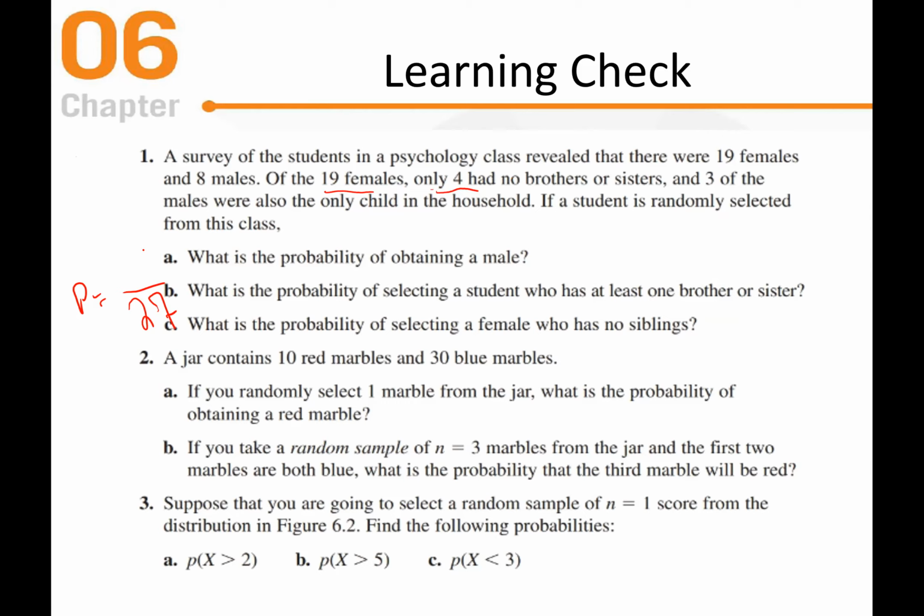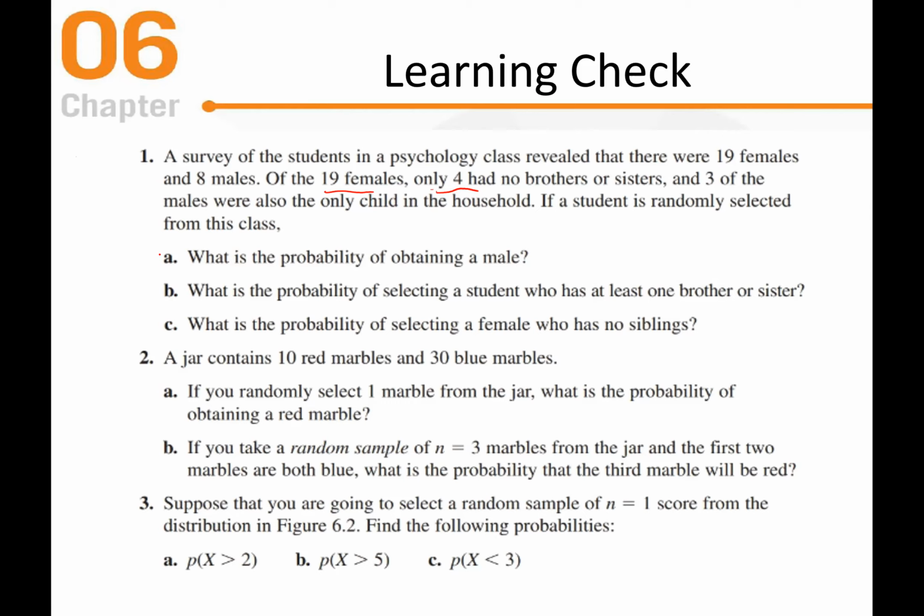So that would be 4 over 27. The probability of selecting a female who has no siblings is 4 out of 27.